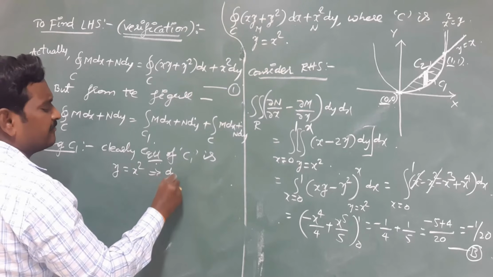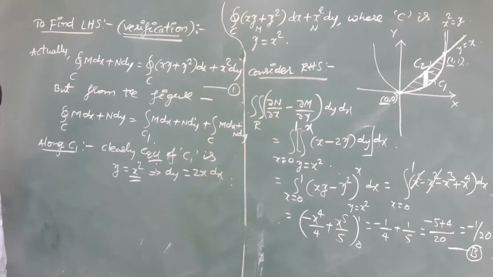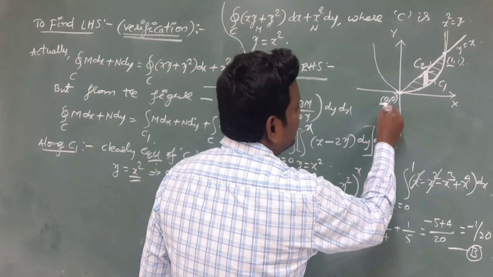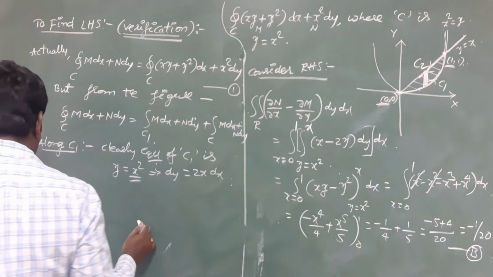That's why dy = 2x dx, since the derivative of x² is 2x. Also we observe that along C1, x varies from 0 to 1. Just look at the x coordinate of this point and this point. X varies from 0 to 1.